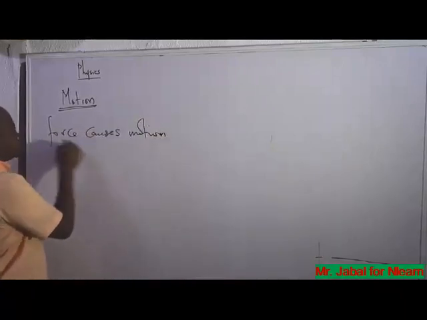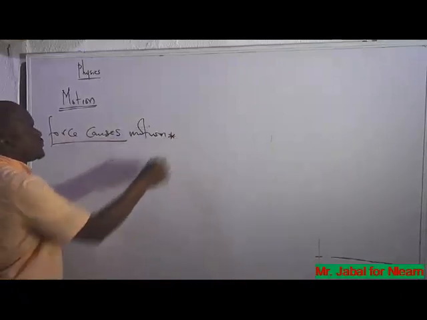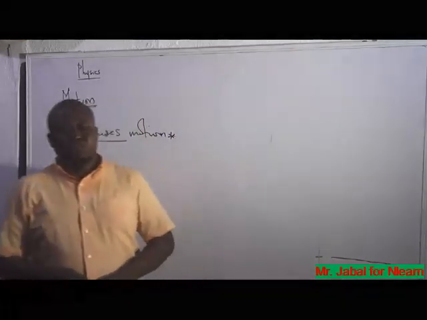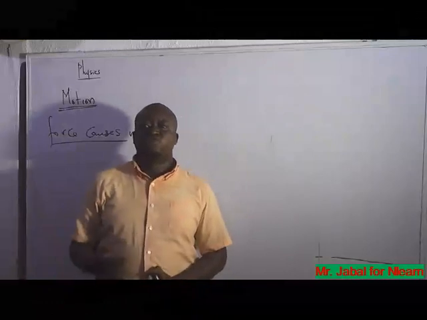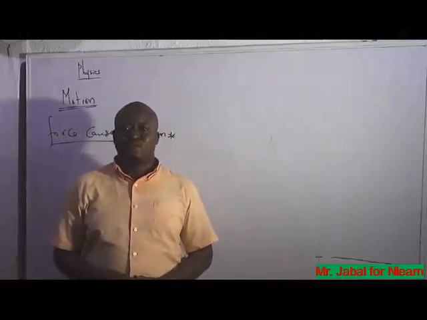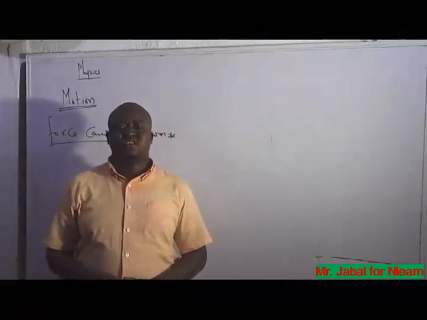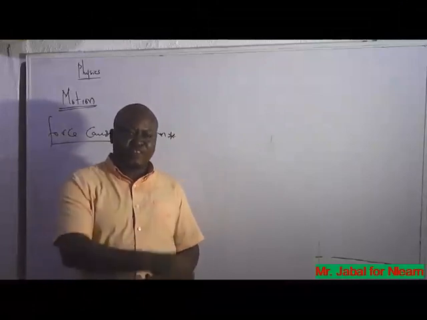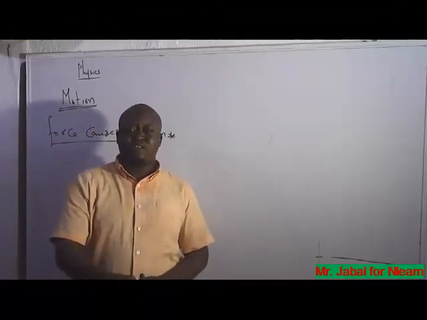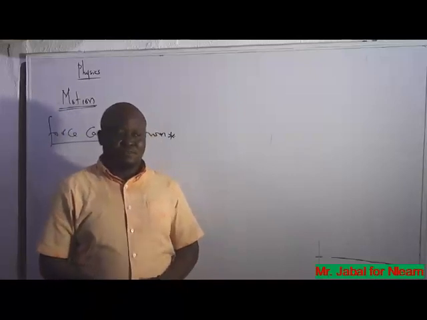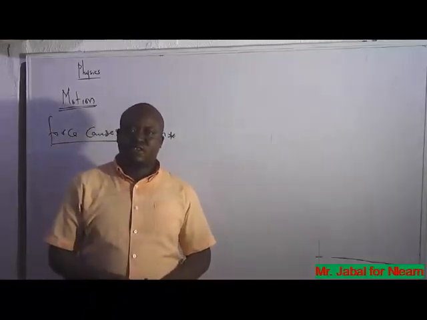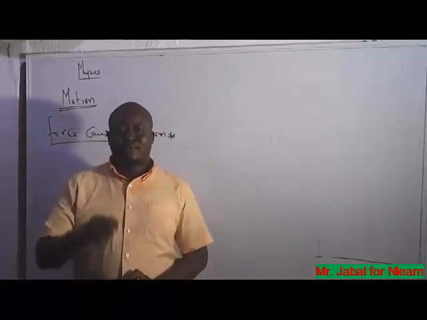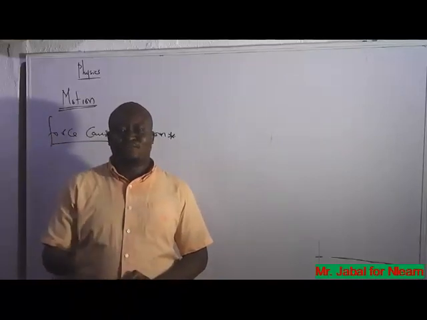But before then, what is motion? Motion is when a body or particle changes its position. When a body or particle changes its position, we say that the body has gained motion. Good. But this motion is caused by an agent called force.